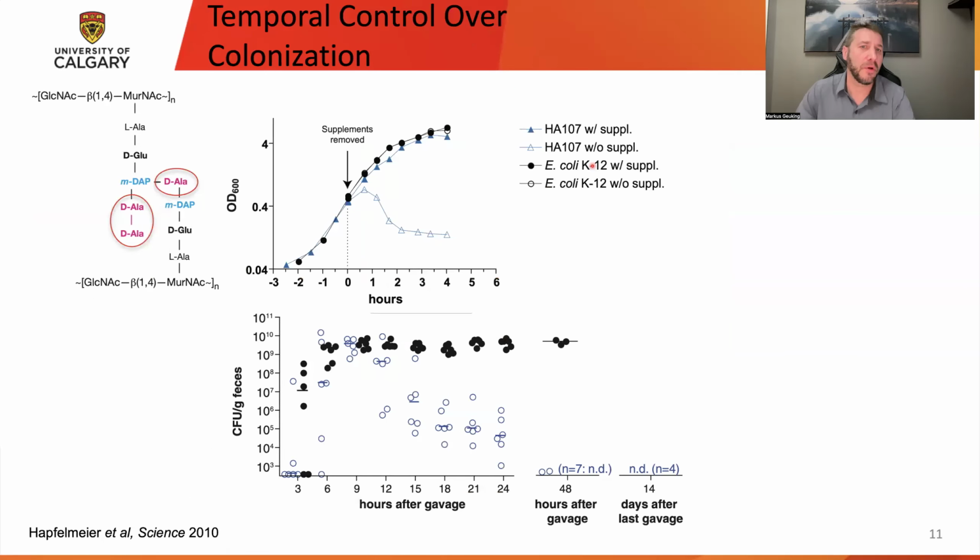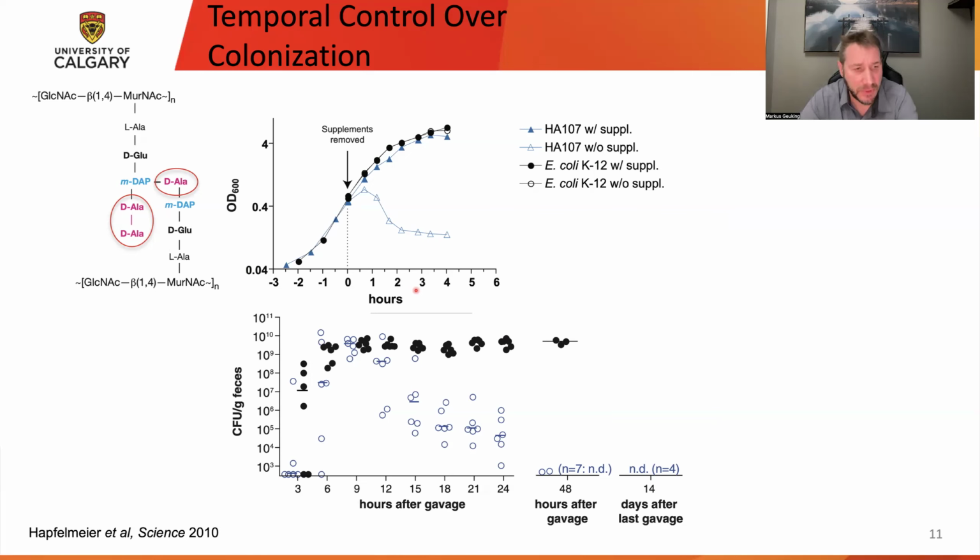Because naturally, if you colonize a mouse, the microbes, even if it's just one E. coli, the bacterium colonizes, reaches a high level, and then stays. And it's impossible to get rid of it, even with high levels of antibiotics. You'll never get rid of them completely.